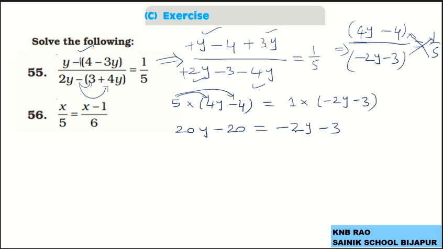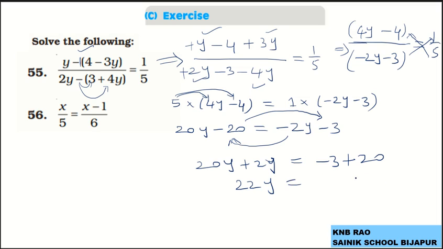Now, taking all the variable terms to one side and constants to the other side, minus 2y comes here becoming plus 2y, equals minus 3 minus 20, which comes here becoming plus 20. So 20y plus 2y is 22y, and minus 3 plus 20 is plus 17. So y equals 17 upon 22 is the solution of this equation 55.